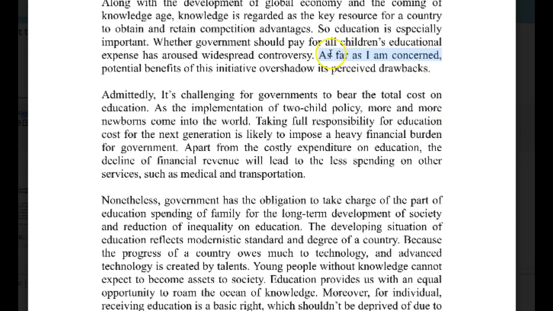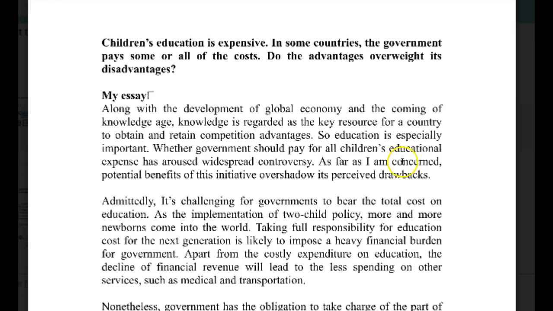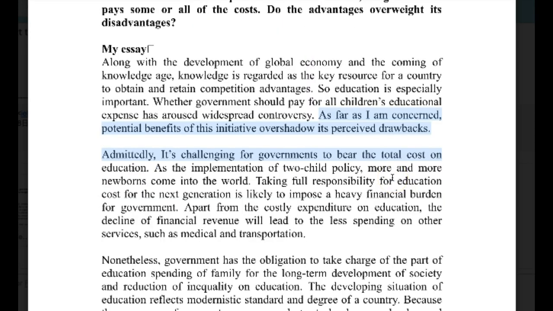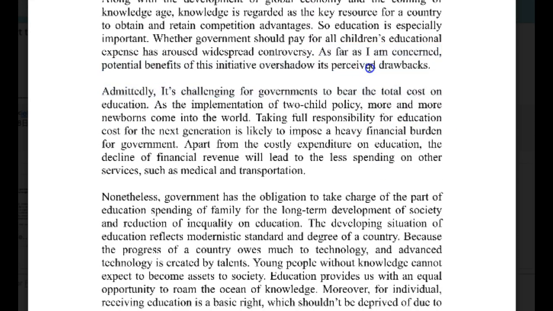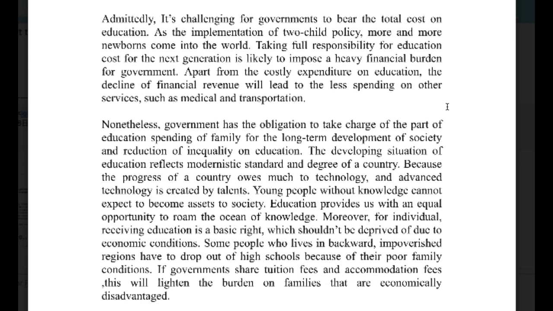Not bad, but there's nothing in that sentence that is specific for this actual essay. So we have to link that sentence to children's education, and then the examiner can give you points. Otherwise, you could just fill your essay with these kinds of sentences, and the examiner knows that you've just memorized the sentences and you're squeezing them in, okay?